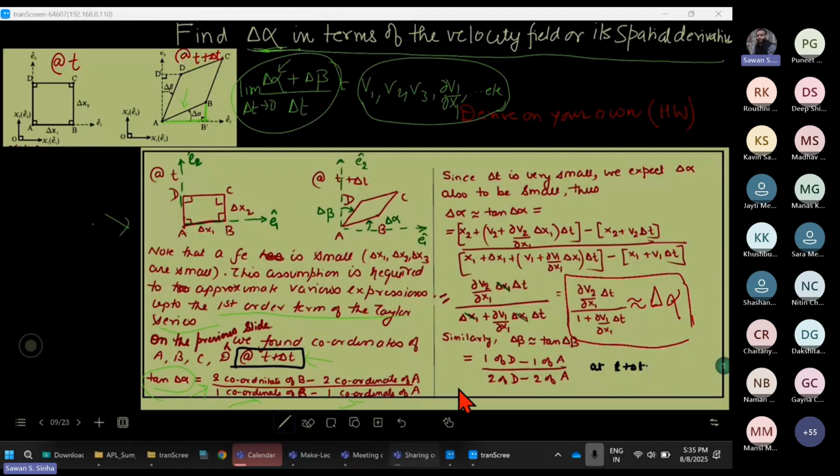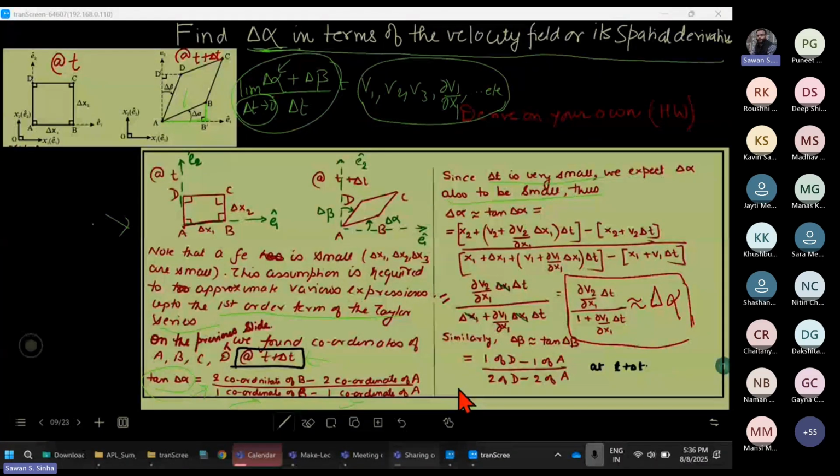But then delta t is very small. Why? Because I will try to find the rate of change of these angles, so I will take delta t towards 0. So it is a small quantity, and thus we expect delta alpha also to be small. After all, delta alpha evolves in time. At time t it was 0, and as time passes it will tend to grow. If I keep delta t very small, it is reasonable to expect that delta alpha will also be small.